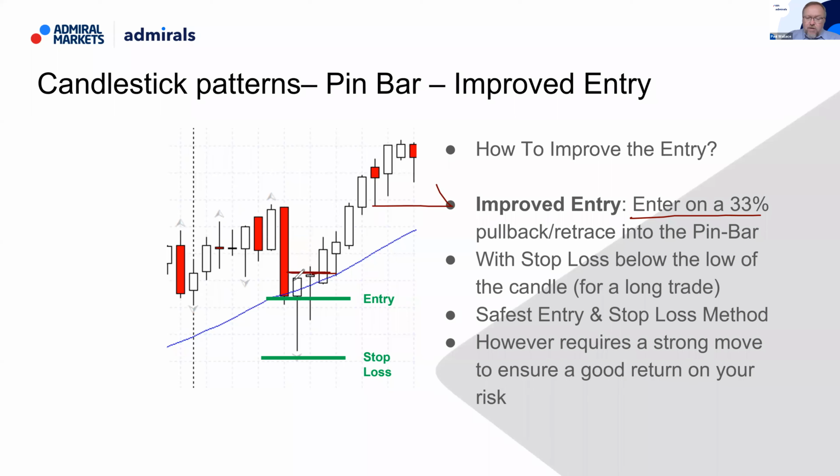That is 33%, a third of the way back into the actual trigger candle, with your stop loss still in the same place. So it's a case of giving you a different entry and stop loss, and what that will help you do is provide a better entry.